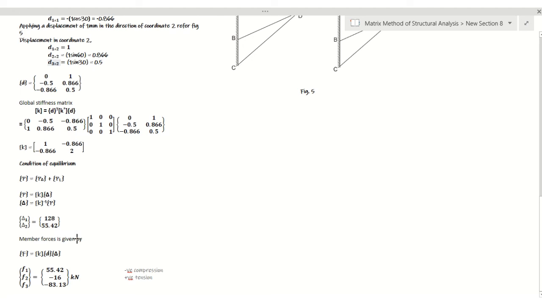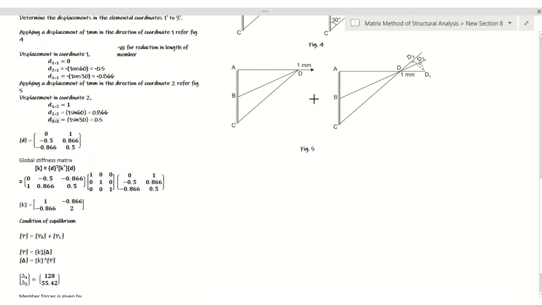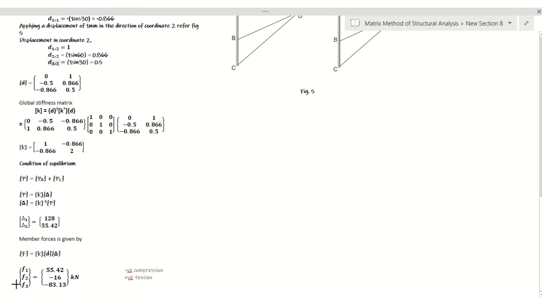Now to obtain the member forces: the forces in members AD, BD and CD, F1, F2, F3, can be found by using the relation K star into D into delta. If you use this equation, you'll get the member forces.